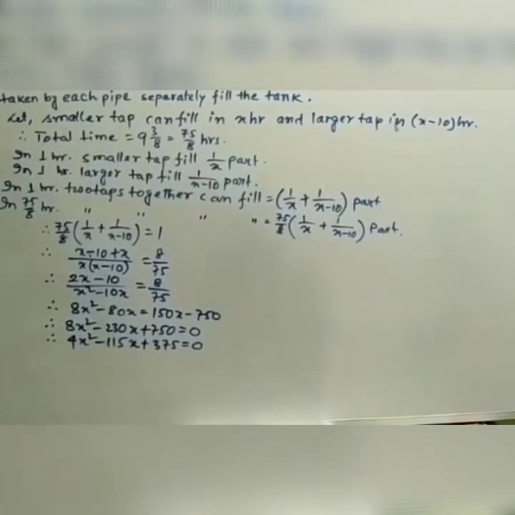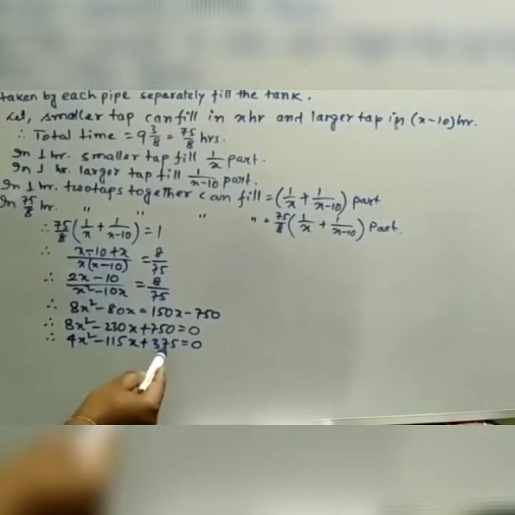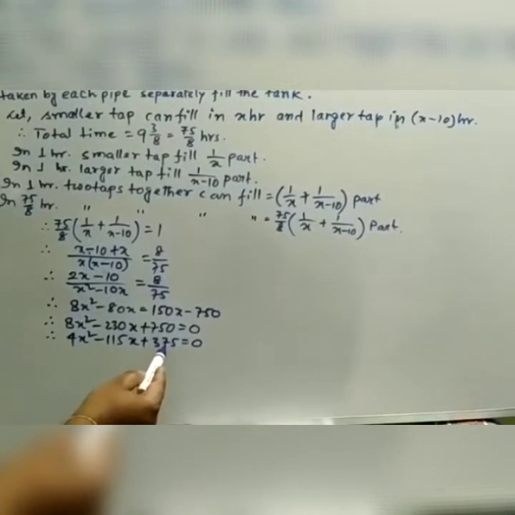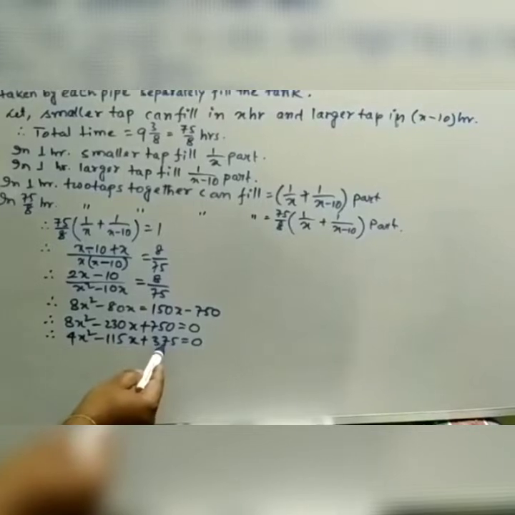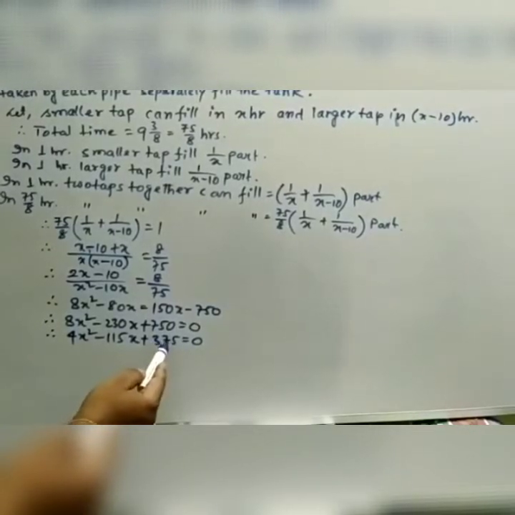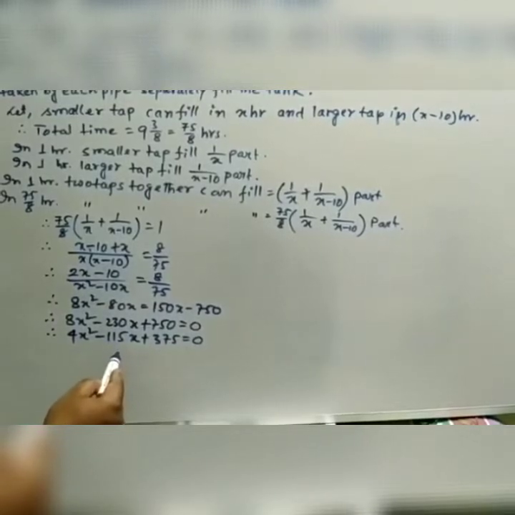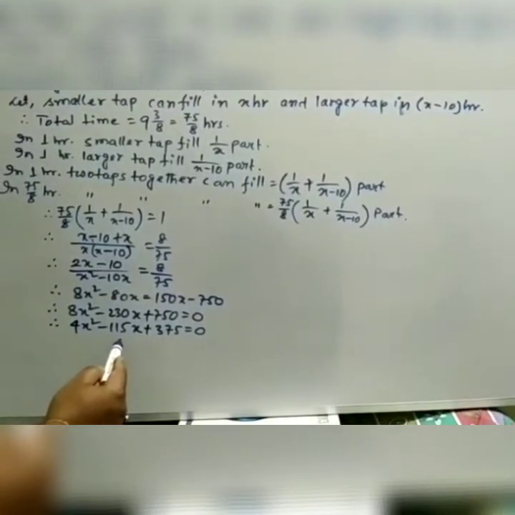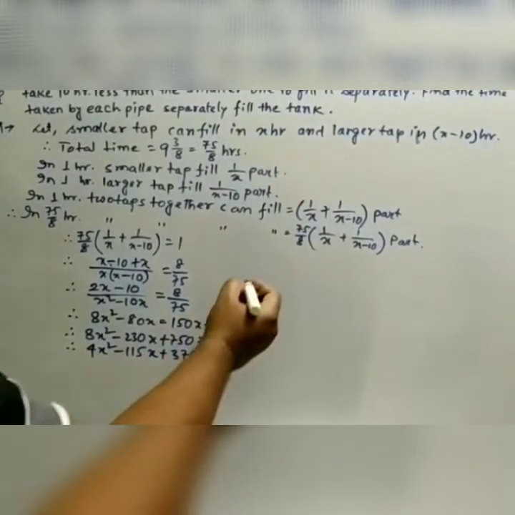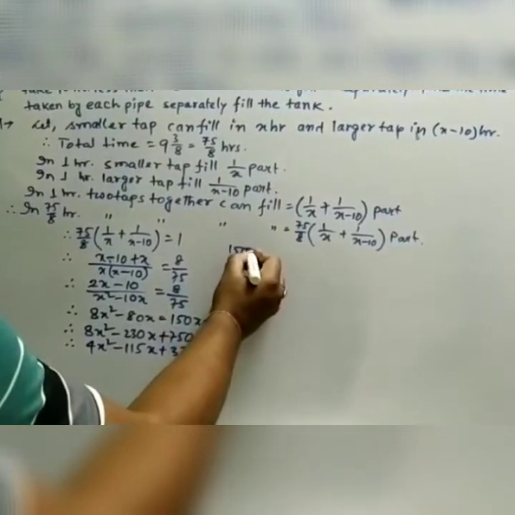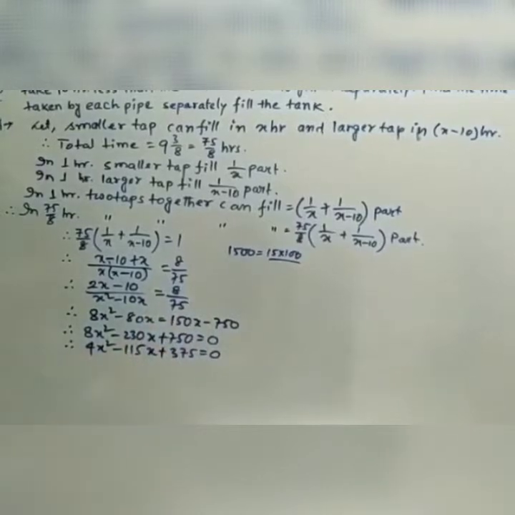Okay, so we got this. Now let me see the product of 4 and 375, which gives 1500, and we need to find two numbers whose product is 1500 and whose sum gives 115. 1500 you can write as 15 into 100, and their sum gives 115.